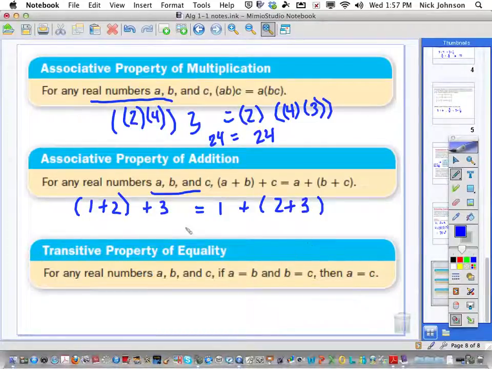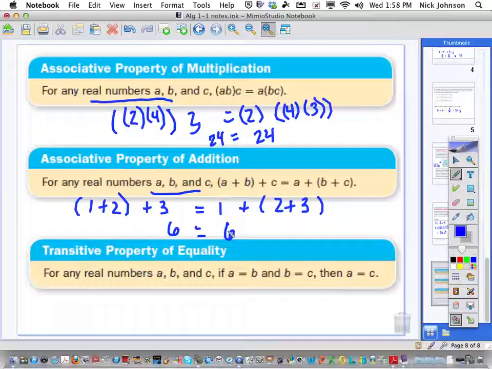Follow your order of operations. 1 plus 2 is 3, plus 3 is 6. Over here on the right side, 2 plus 3 is 5, plus 1 is 6. Okay?